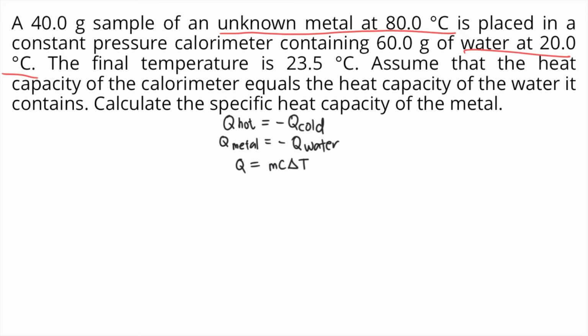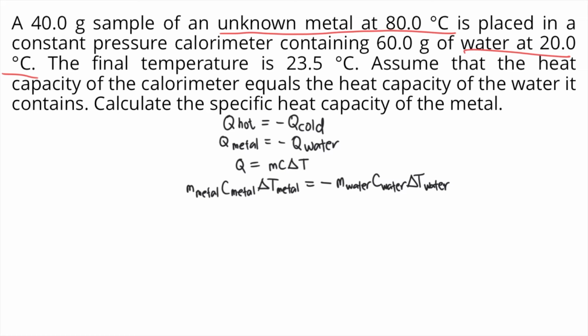We will substitute mc delta T into the equation. So the left side now becomes mass of the metal times C of the metal times delta T of the metal. And the right side now becomes negative mass of water times C of water times delta T of water.